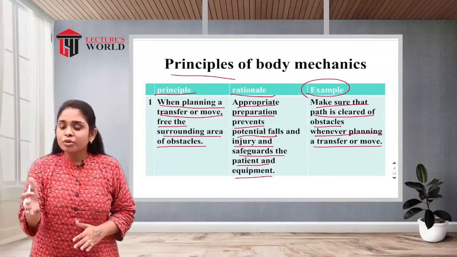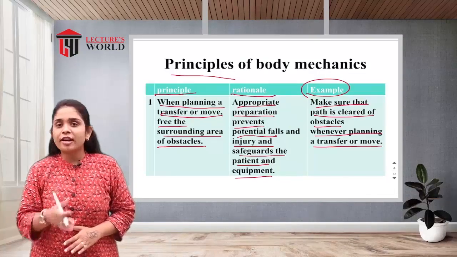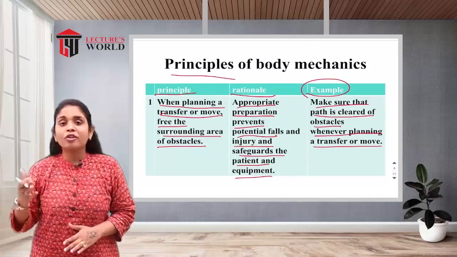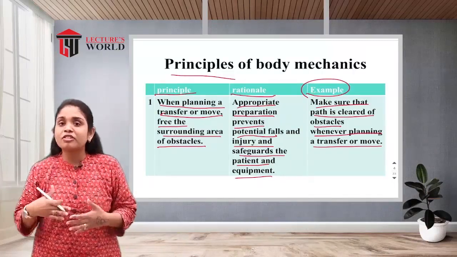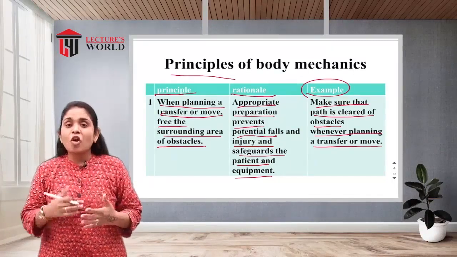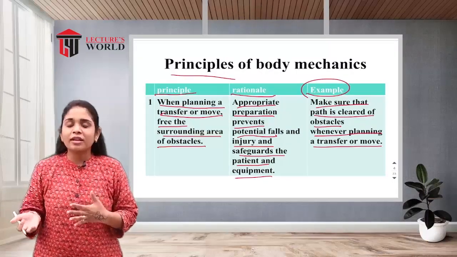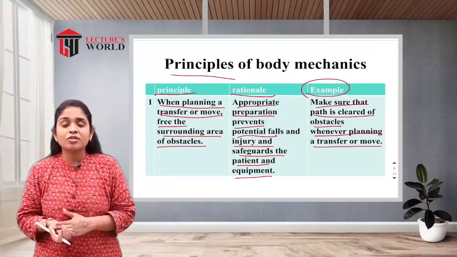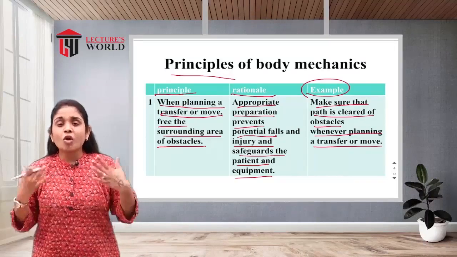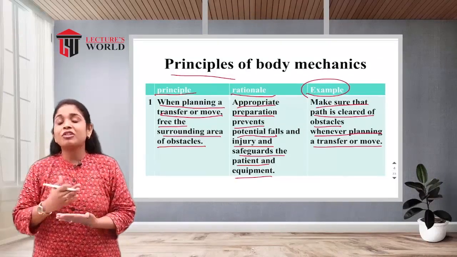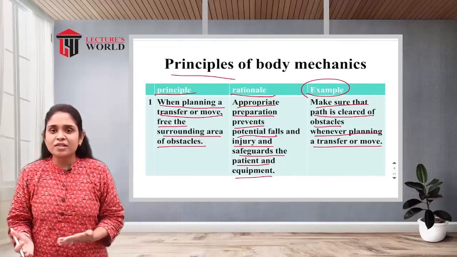You know there is a caution board and you can't go. If you go, you will fall because of the slippery floor. Like this, if any obstacle or difficulty comes around, the patient will suffer, and the nurse also can suffer. So if an obstacle is there, it has to be removed first, then go for the transfer.